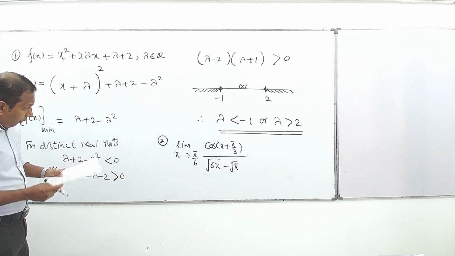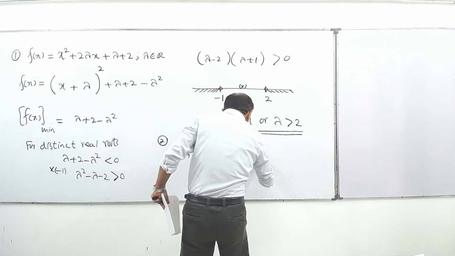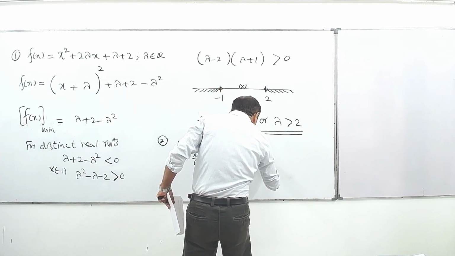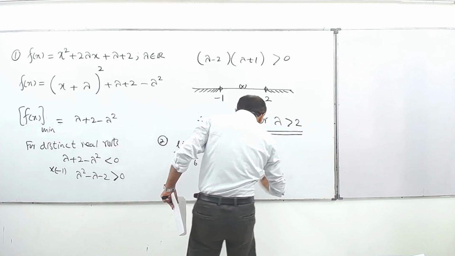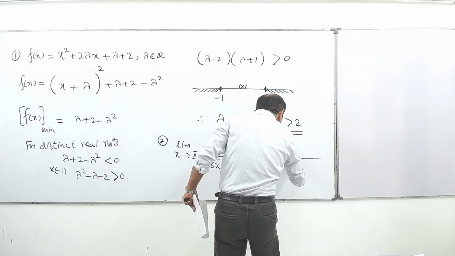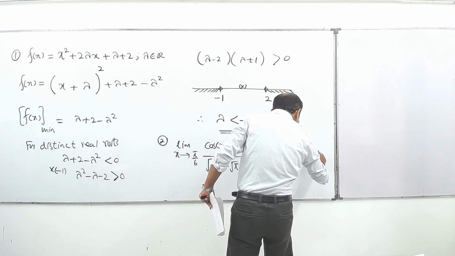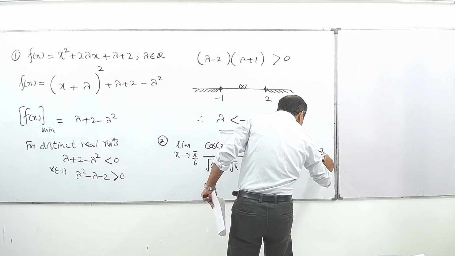Okay. Then this answer I can write like this. Limit as x goes to pi by 6. This cos I can write as sine of 90 minus x plus pi by 3.